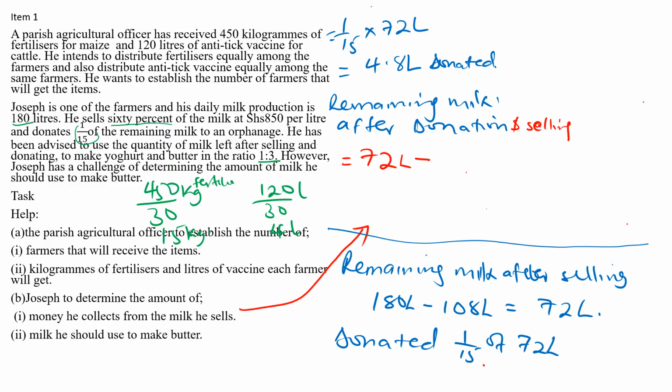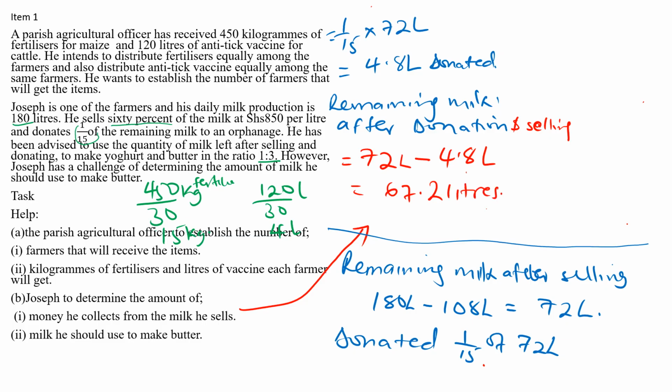We shall have 72 minus 4.8 liters. So the remaining milk now is 67.2 liters.